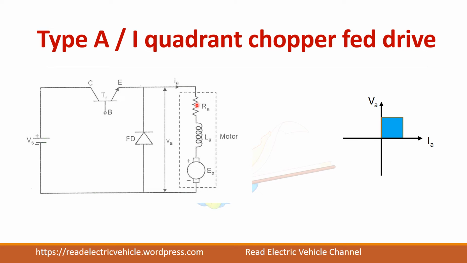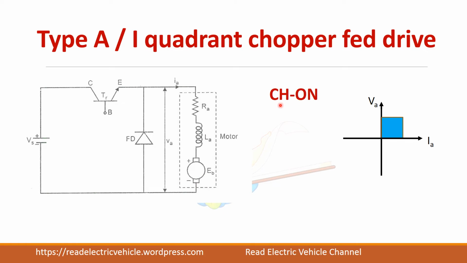This motor is an RLE load, and a freewheeling diode is connected across the motor. So this is the basic chopper circuit diagram, except here you have an RLE load.